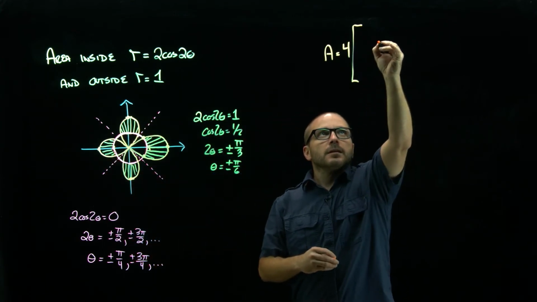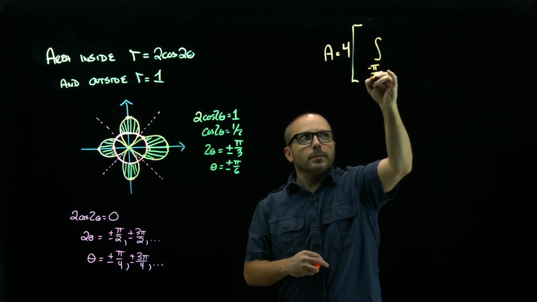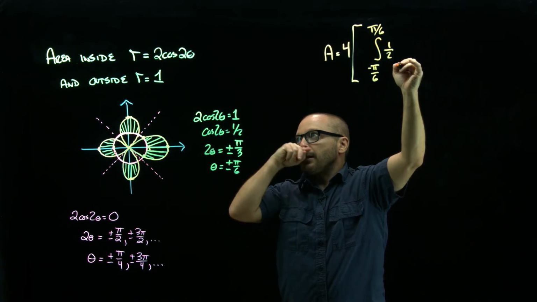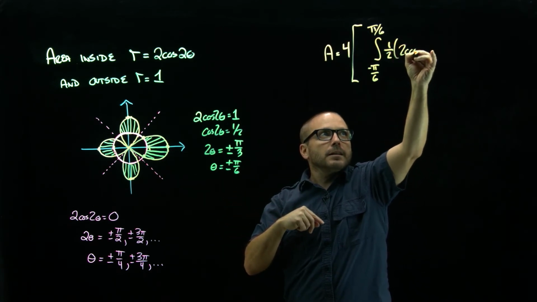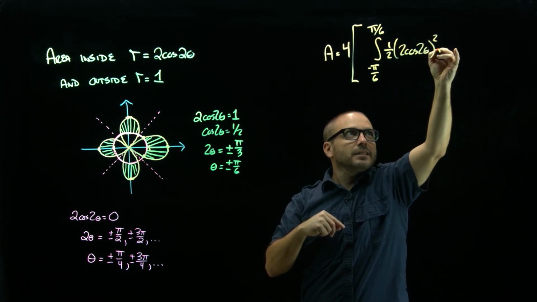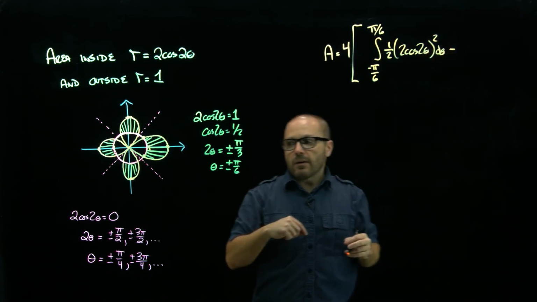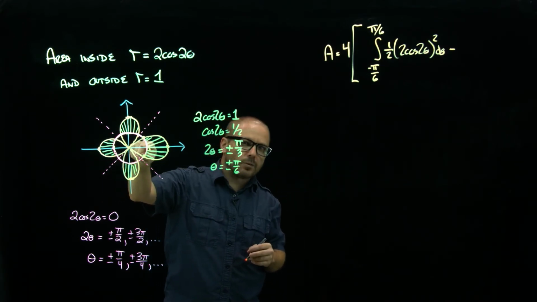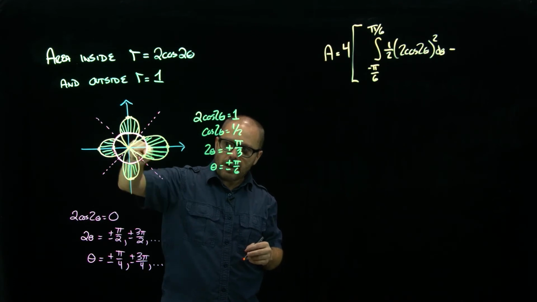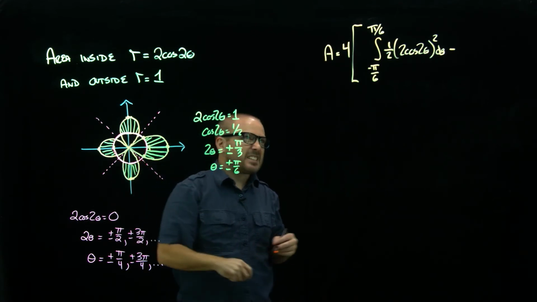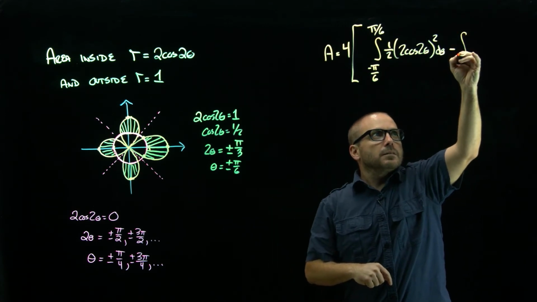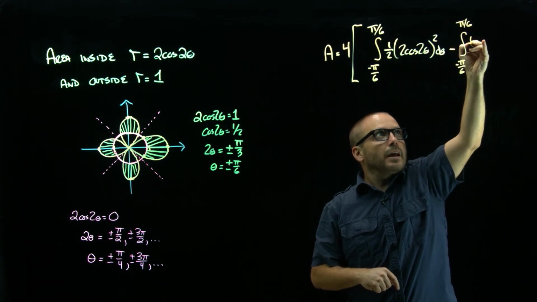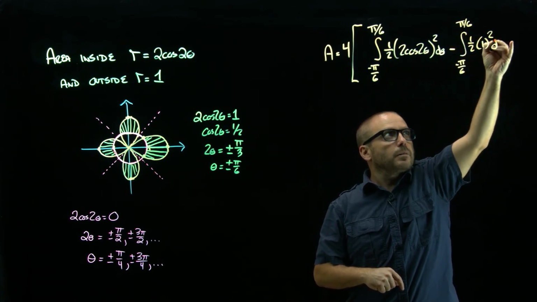So from negative pi over 6 to pi over 6 of 1/2 that leaf function squared. But that would give me everything from the origin all the way out, so it would be shading in here as well. I don't want to be shading in there, so now I need to take out the area inside the circle. So that's from negative pi over 6 to pi over 6 of 1/2 that function squared.